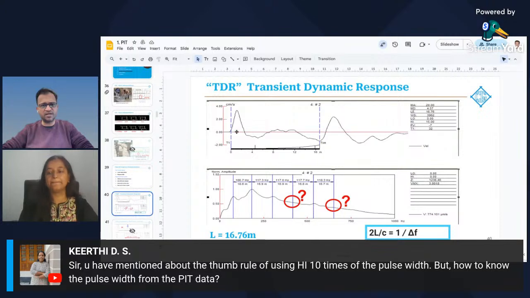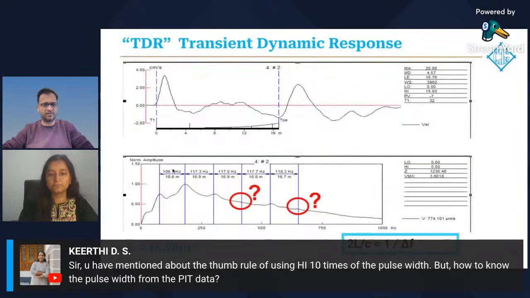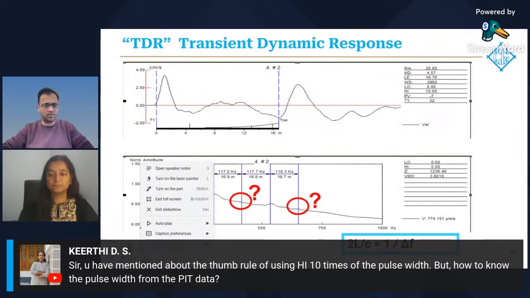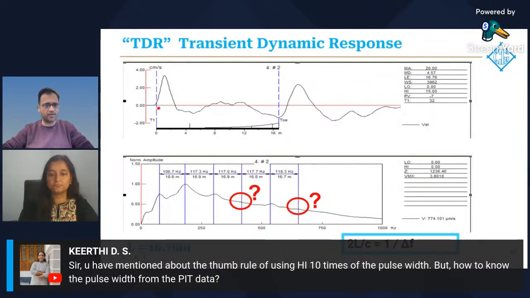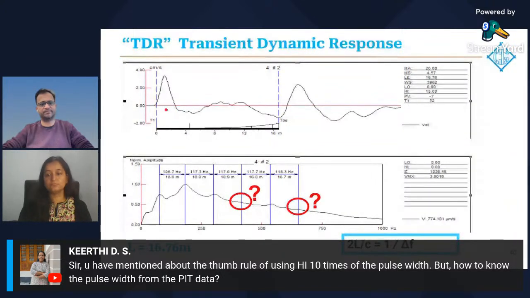If you can see my screen, from here to here, around 2.5 to 3 meters is the pulse width.